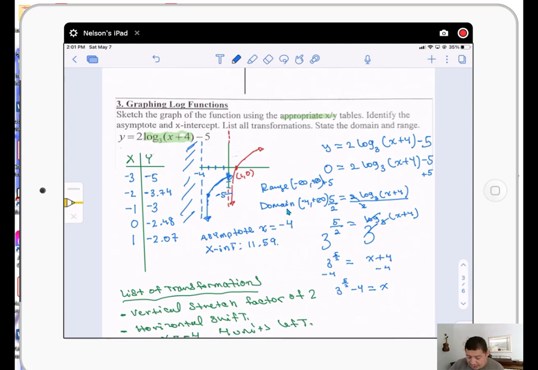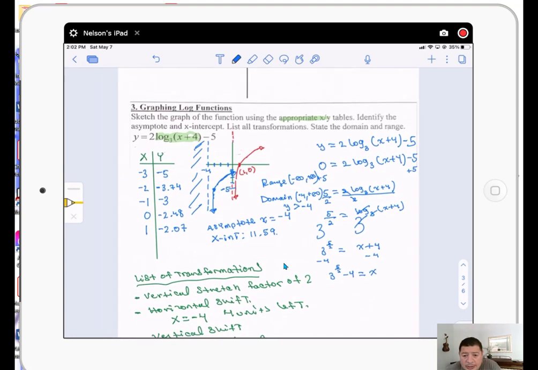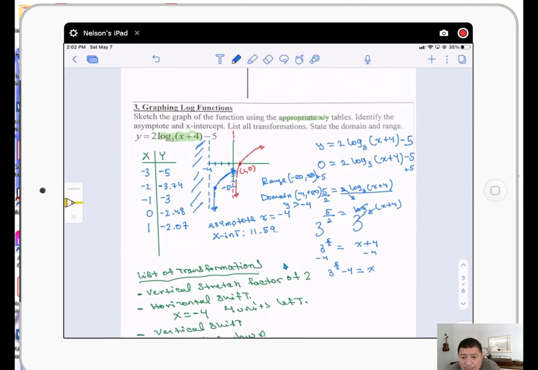If we wanted to write this in inequality format, it would look something like this, where y is greater than -4. There you have it. So that's going to complete this one problem.